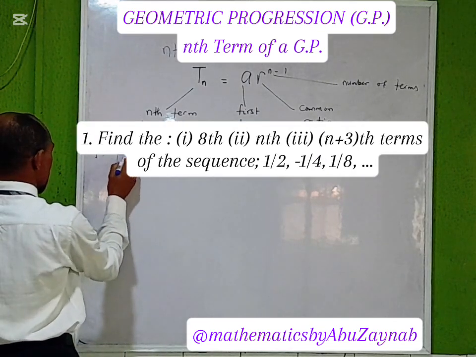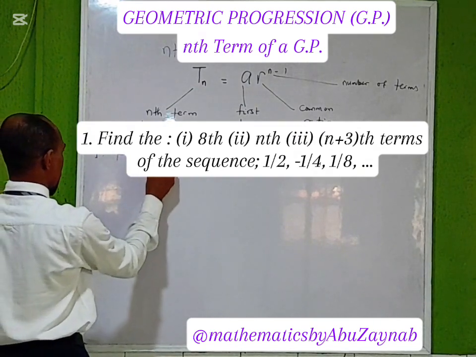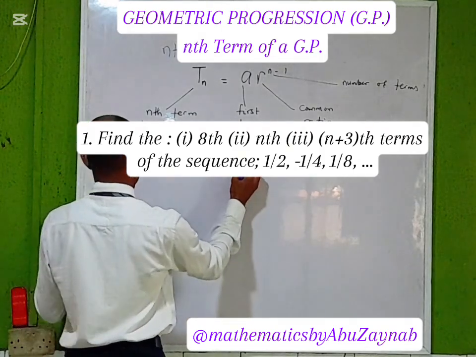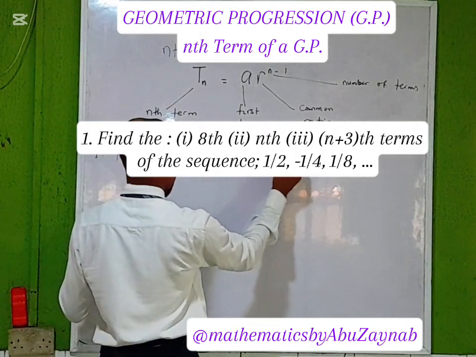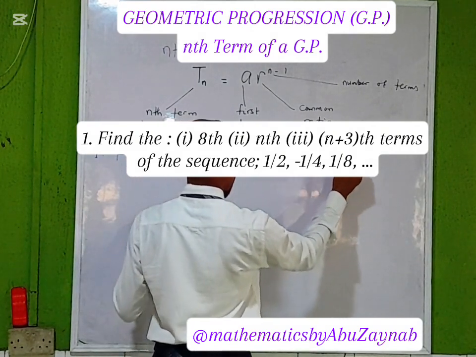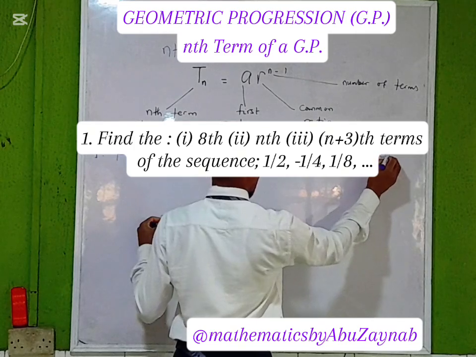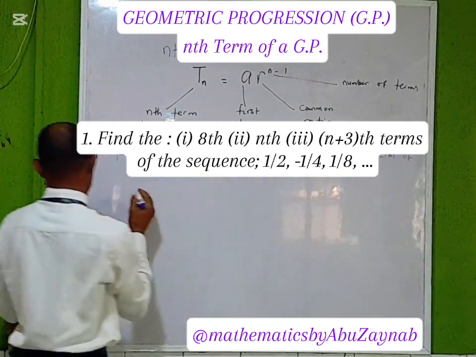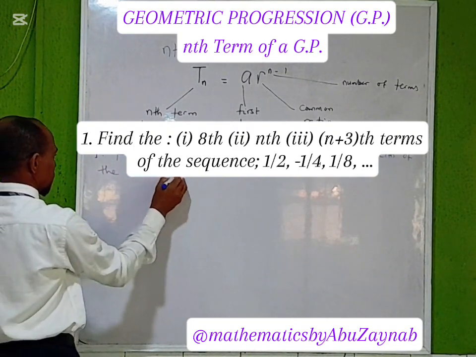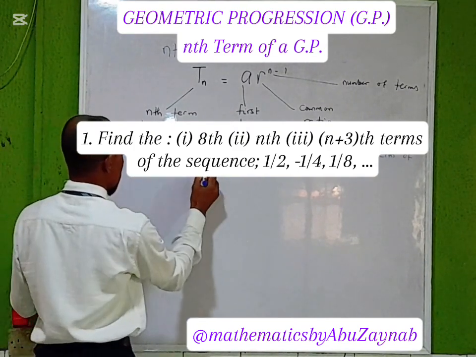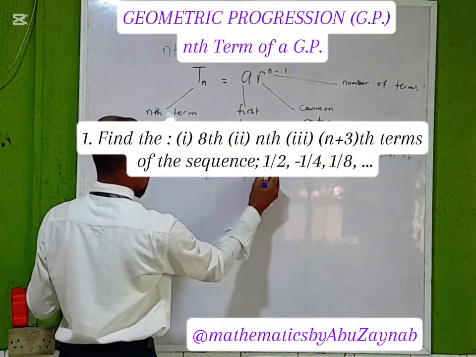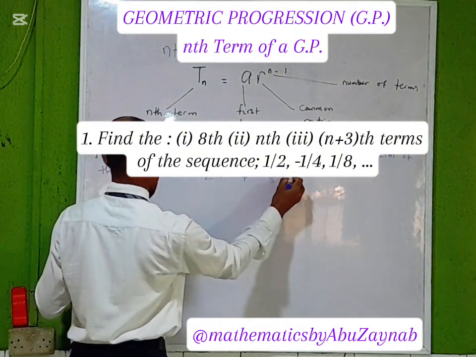Find the 8th, nth, and n plus 3 term of the sequence, and we have here 1/2, comma, minus 1/4, comma, 1/8, comma, and so on.